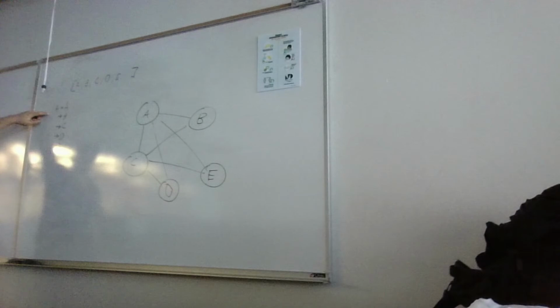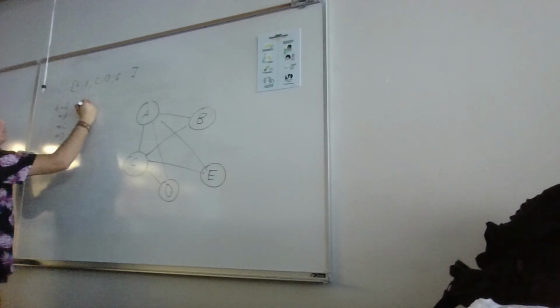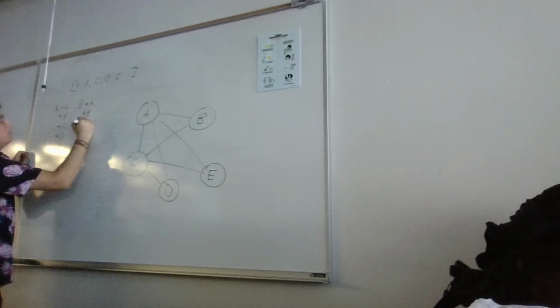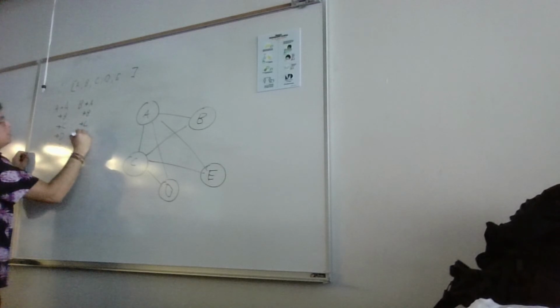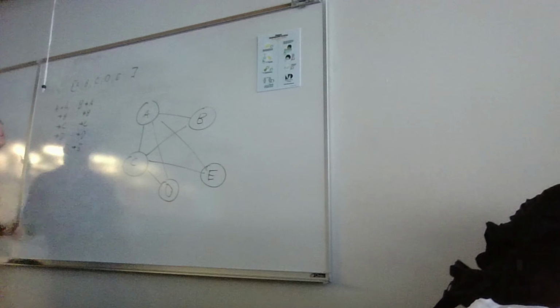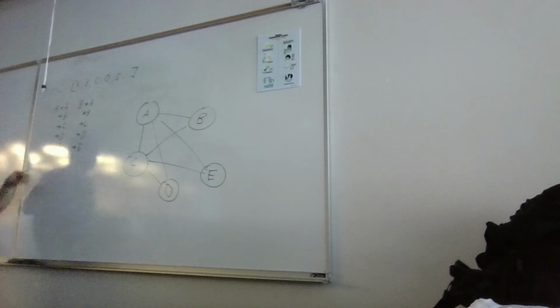You're just doing this letter times everyone. Then B checks with A, B, C, D, and E. So for every one of these letters, you're gonna check with everyone else if you're touching them.